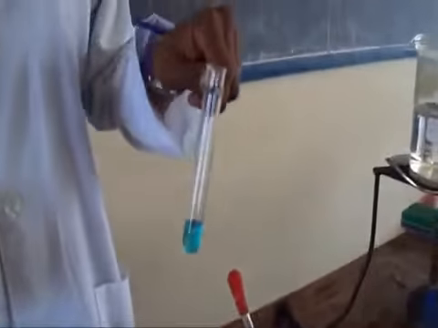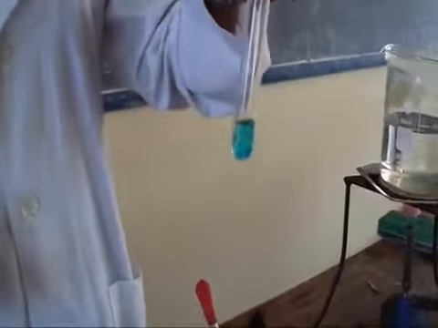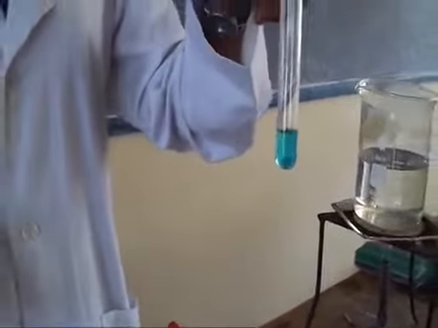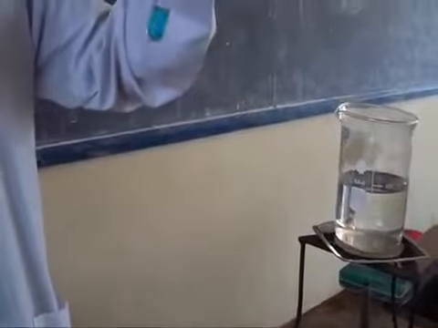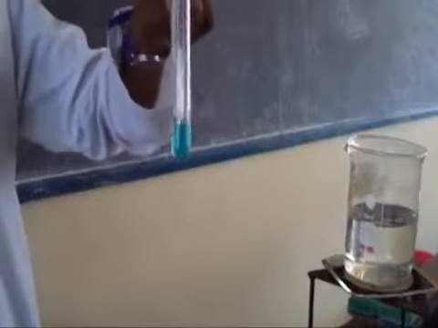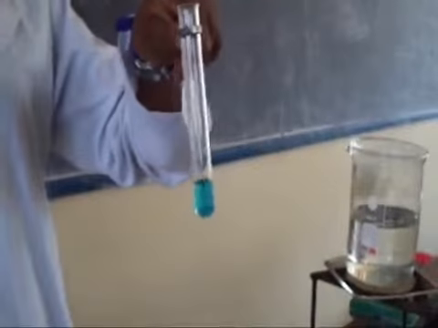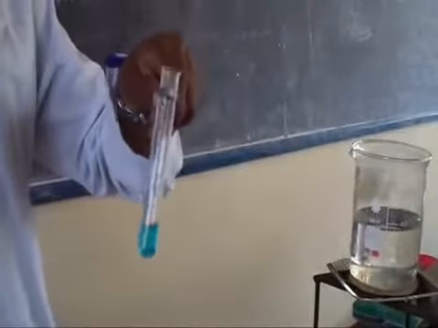Then we heat it a bit to see if the color will change from blue to green, yellow, and finally brick red or orange. But if it doesn't change, it means the food sample does not contain reducing sugar.